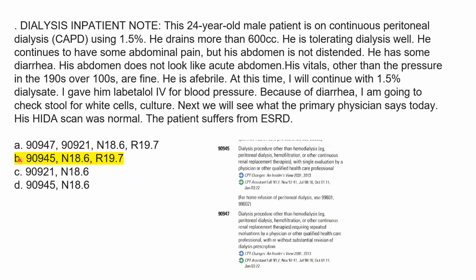So yes, B is the correct answer because this is the code for the peritoneal dialysis. This is the code for the ESRD, that is end stage renal disease. And remember, the diarrhea is not related to this condition. So we will have to mention that as a separate symptom. Because if the symptom is not a part of the ESRD, we have to code that additionally. And that's why B is correct.